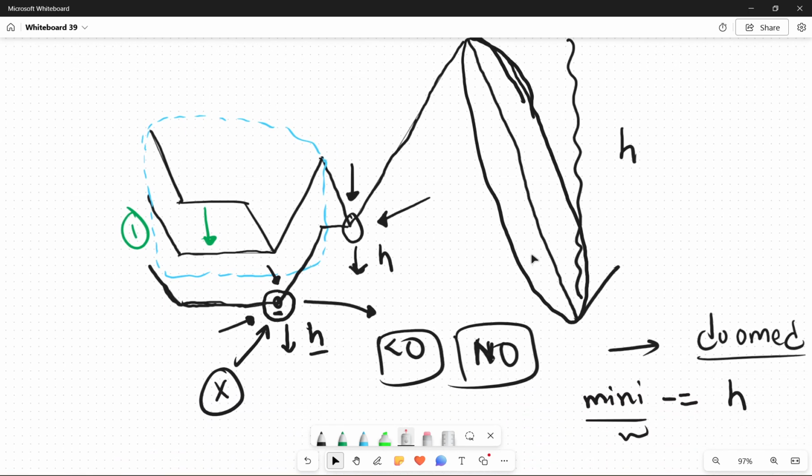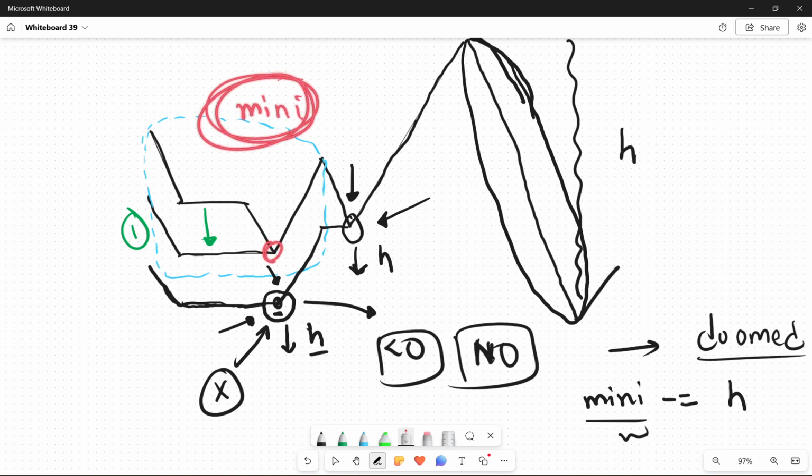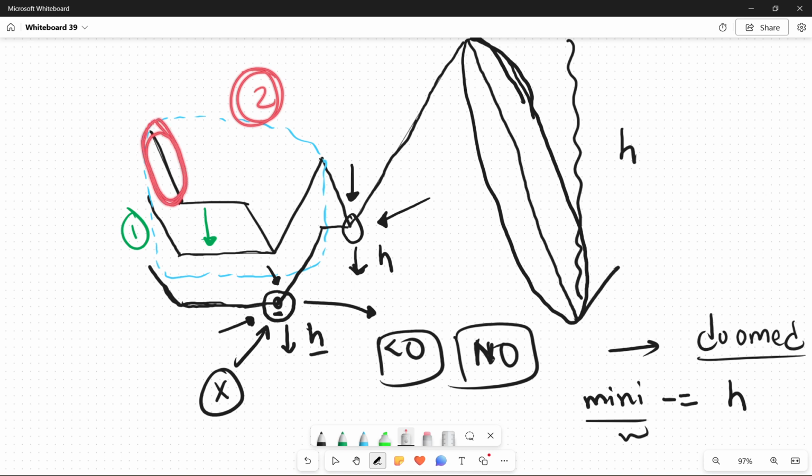So for the first dip only, my mini will change through this point, right? So you will start with the second index because you are okay with this dip, right? So not with the first index, you are okay with this dip to happen, so you will start with the second index, and check.